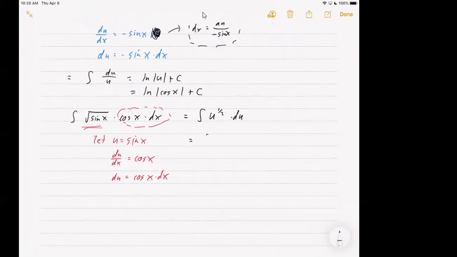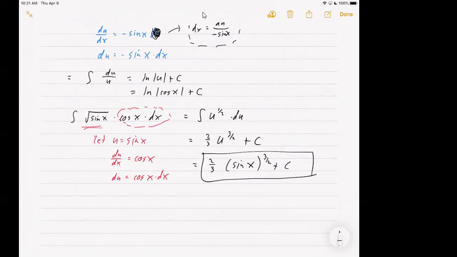That will give me 2/3 u to the 3/2 power as the antiderivative plus c. Substitute in, let me just be careful, 2/3 the sine of x to the 3/2 power plus c as our answer.